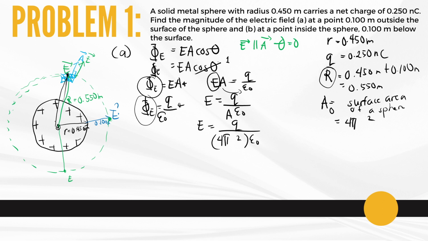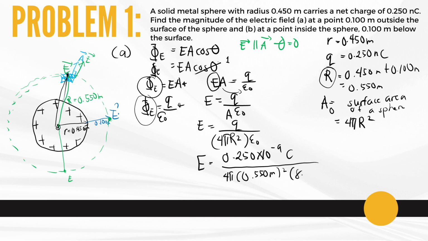From the distance R from my center, I should use the capital R here. Now I can plug in. Q is 0.250 times 10 raised to negative 9 coulomb, all over 4 pi times 0.550 meters squared times epsilon naught, which is 8.85 times 10 raised to negative 12 coulomb squared per newton meter squared.